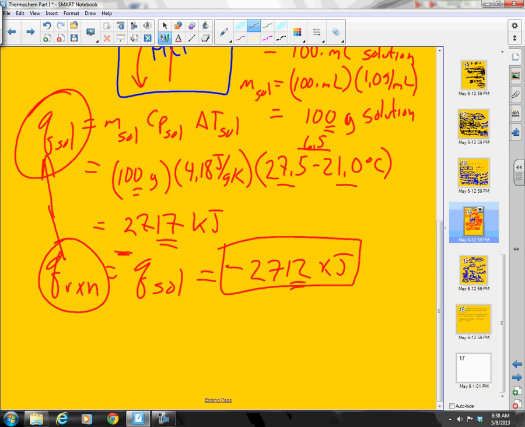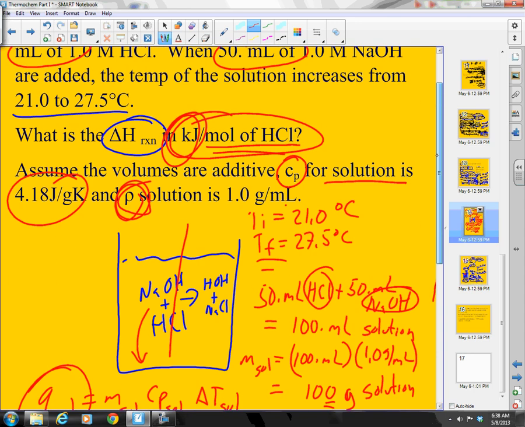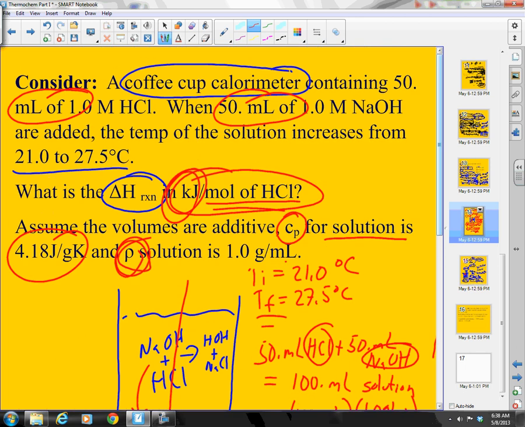Moles of HCl is going to be liters of HCl times the molarity. How many liters did I have? I had 50 milliliters, which is 0.050 liters. What was the molarity? 1.0.